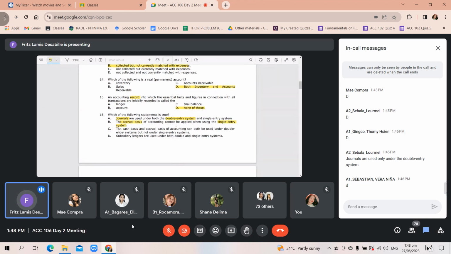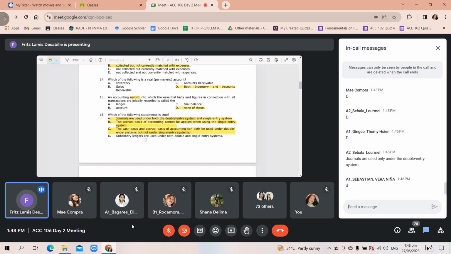And letter C is also wrong because pwede ra ka accrual basis and pwede ka cash basis under both the double entry and the single entry. Na wrong siya kaya niingon siya but not under single entry systems. So A, B, and C are wrong. So letter D, by way of default, is correct.